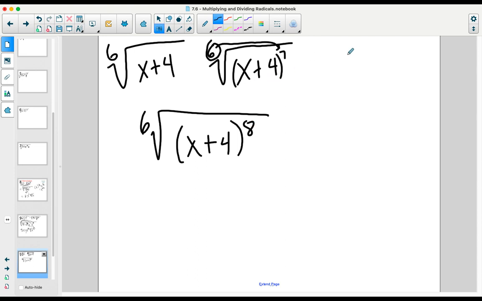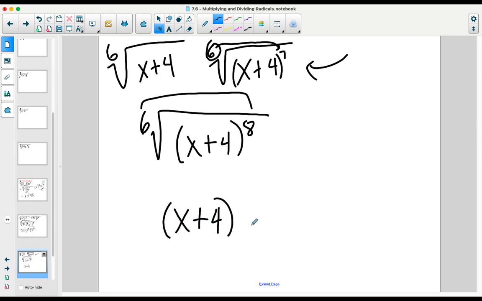So despite the fact that there was something to be done here, we're going to stay with that tradition of multiplying those radicands. I take the 6th root of an 8th power, which leaves me with an x plus 4, and the 2 leftover x plus 4s.